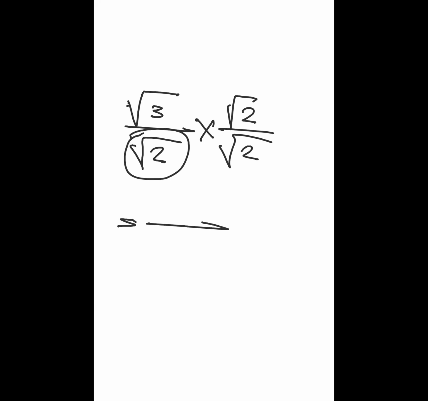So the numerator will equal square root of 3 times square root of 2, which means square root of 6. Square root of 2 times square root of 2 means 2. So it will equal square root of 6 over 2. This is how to convert the denominator of the number into an integer instead of a square root. Okay, guys, are we clear till now? Yeah, clear.